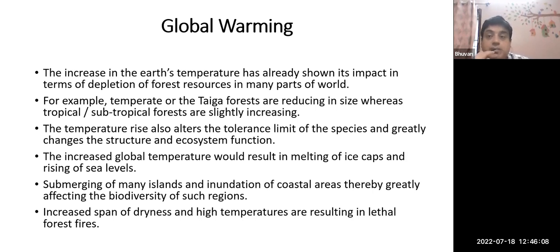Similarly, 2 weeks back, it was seen in Assam. So global warming has become the biggest threat for all the ecosystems across the world. And it will prove to be a catastrophe in the near future if it is not prevented and the temperature is not capped before 1.5 degrees centigrade.